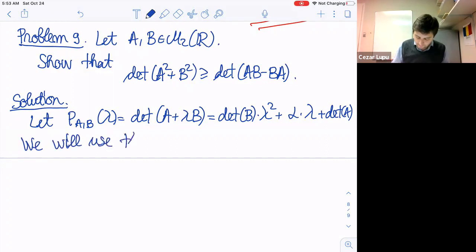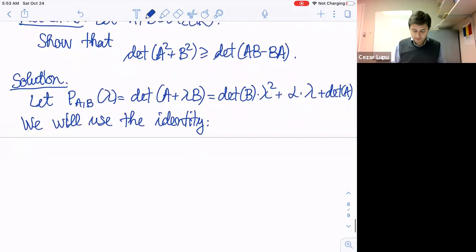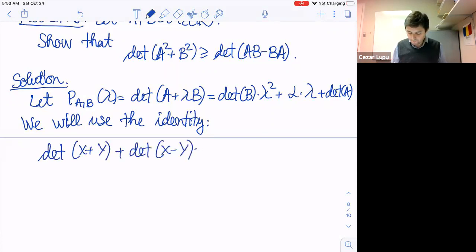So let's write it as, so we will use the identity: the determinant of x plus y plus the determinant of x minus y is 2 times the determinant of x plus the determinant of y.